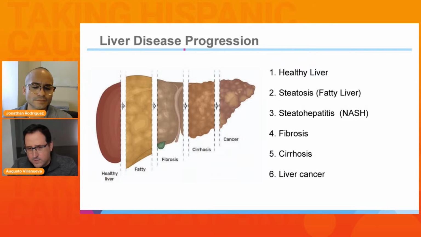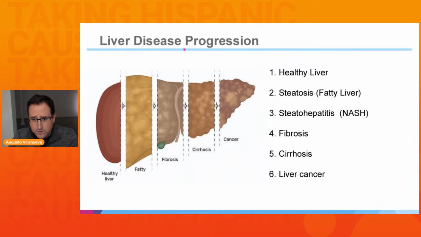The problem with cirrhosis is that the architecture of the liver is distorted, is abnormal, and that's when the liver stops working properly, stops doing what it's supposed to be doing. All the things that we mentioned a couple of slides ago, the liver will stop doing that, and that is life-threatening. Since we cannot live without a liver, when the liver stops working, you can have significant complications related to that.